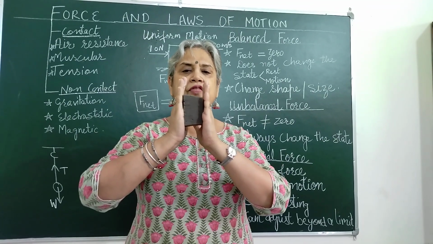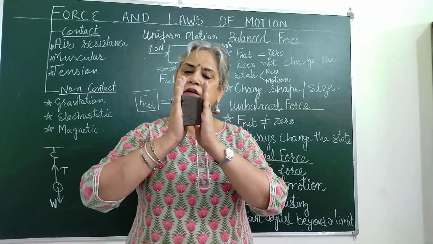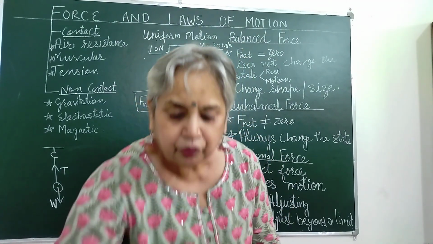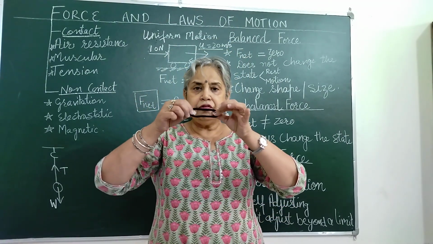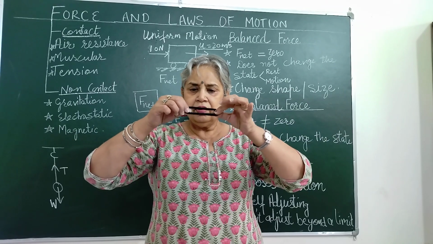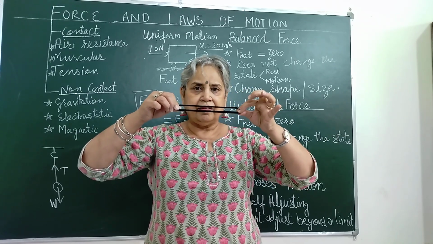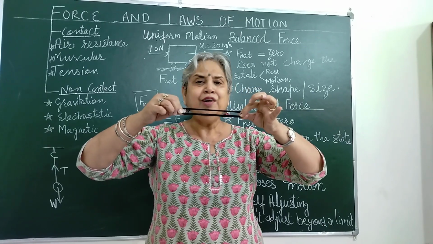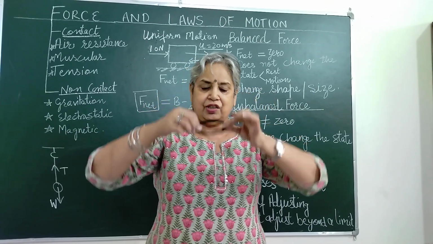When I release, then it comes to its original size. Now you see this rubber band. If I apply an external force, I can change its size. Then it comes back to original size, but it is not moving from its position.